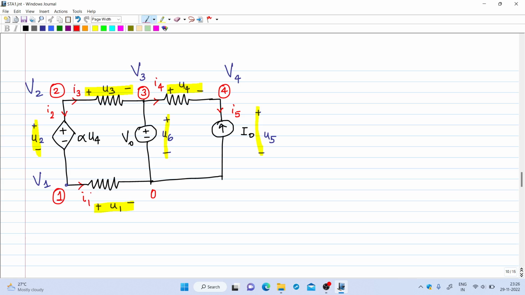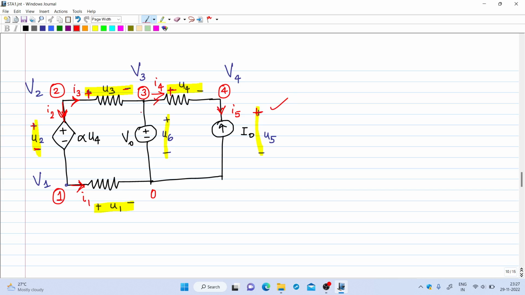Then current flowing through branch 1 is I1, current flowing through branch 2 is I2. I will take the direction of branch current such that it enters the positive terminal of the branch voltage definition. I3 is entering here at this plus terminal. Branch 4 current I4 is entering this plus terminal. Then here I5 is entering the plus of U5.